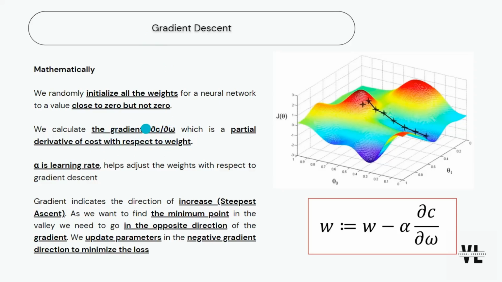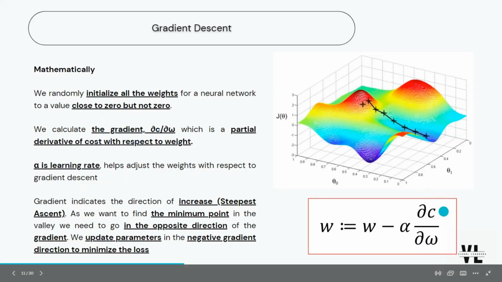After we compute the gradients, another component that we need is what is known as a learning rate, which helps us to adjust the weights with respect to gradient descent. So the first component is the gradients. The second component is the learning rate. And once we have computed these, the purpose of gradient descent is to use these two building blocks and adjust the weights.